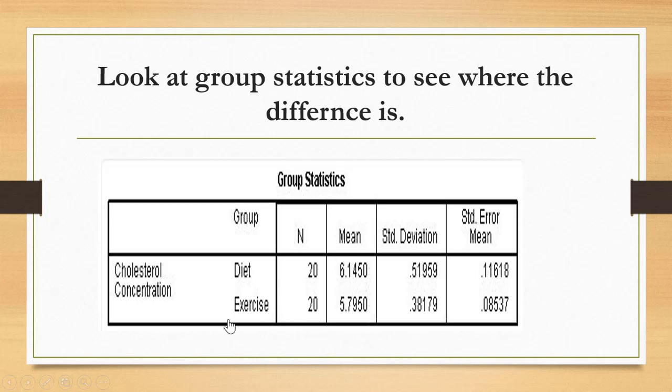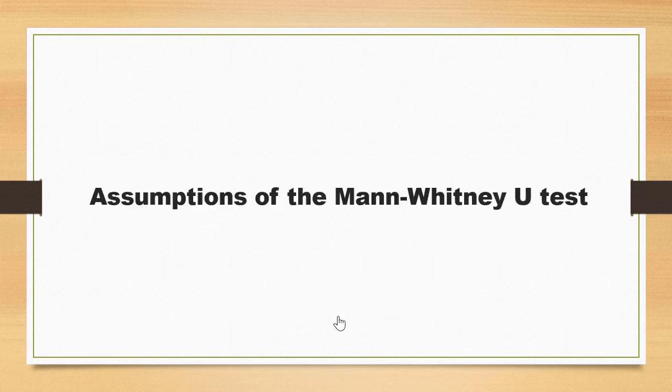So obviously they are different, and the diet group has a higher cholesterol concentration than the exercise group. That is, the more you exercise, the less cholesterol concentration you have in your blood. So anyway, this is the interpretation of the descriptive statistics, or group statistics, sorry.